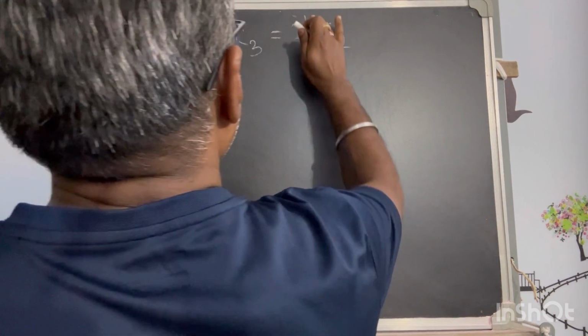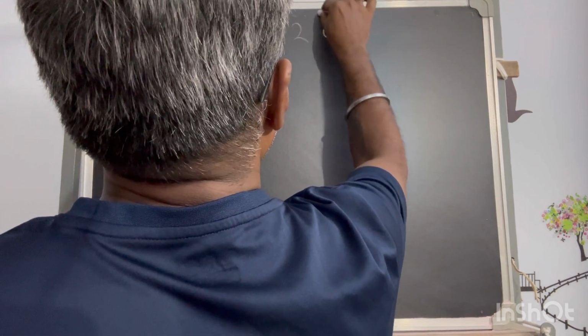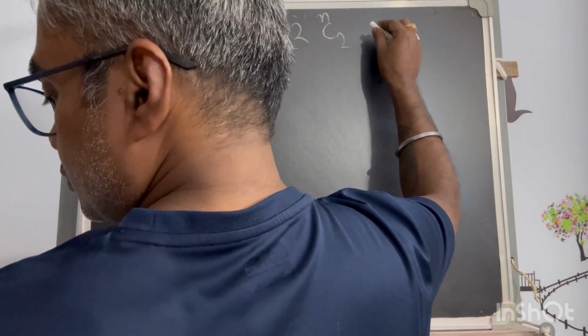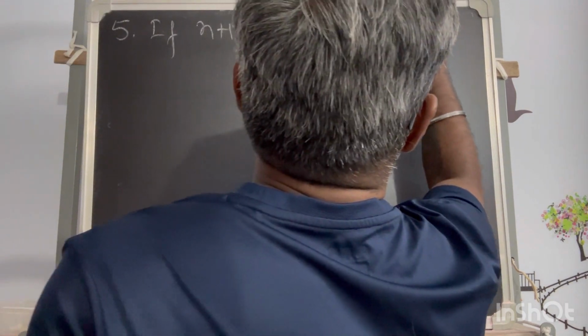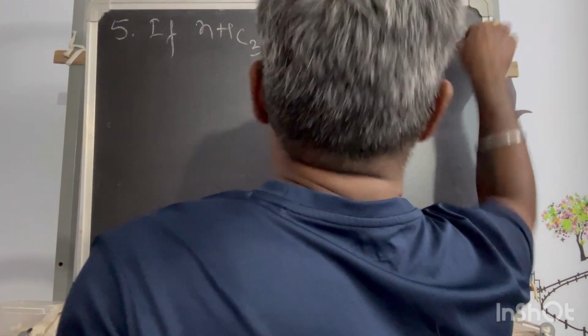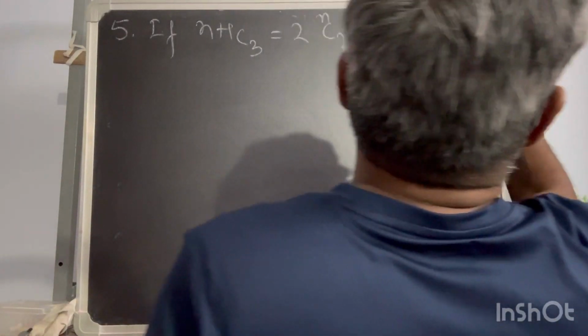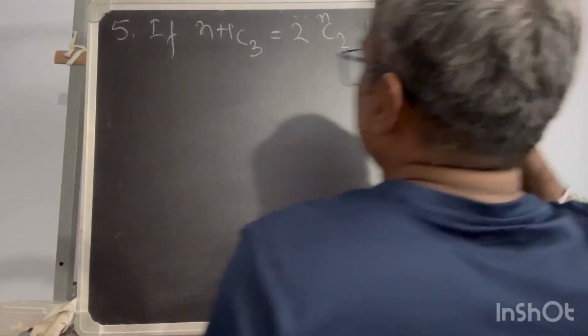No, it is not 2 to the power; this is nC2 into nC2. Then find n. Okay, then you have to find n.